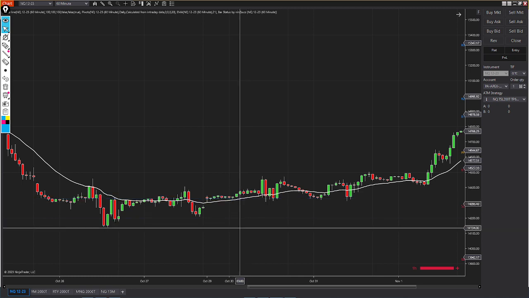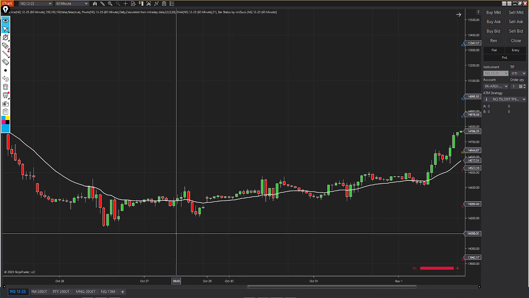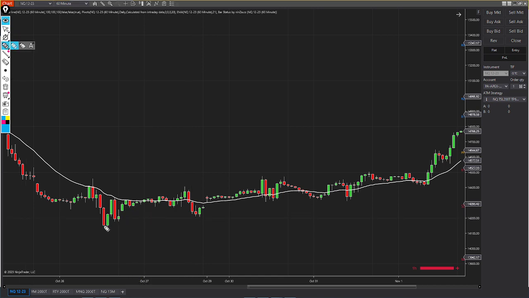Now, point number 2 that I want to talk about is trendline. I'm sure you guys know this in most cases too: when you have a higher low, if you believe that price is going higher, you can just draw your line on the higher lows going up, something like that.